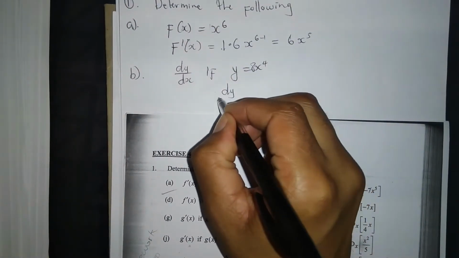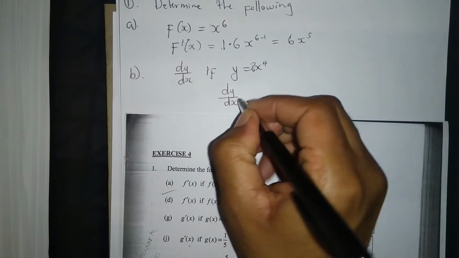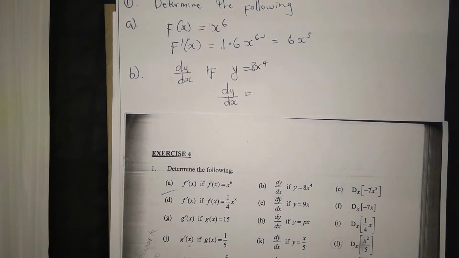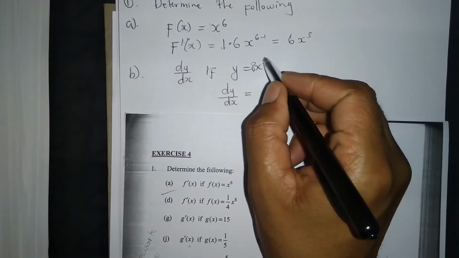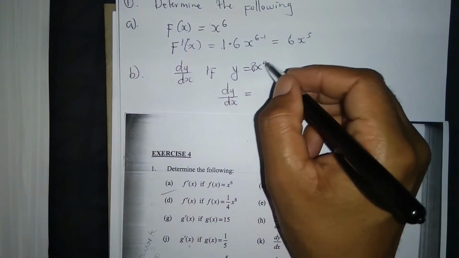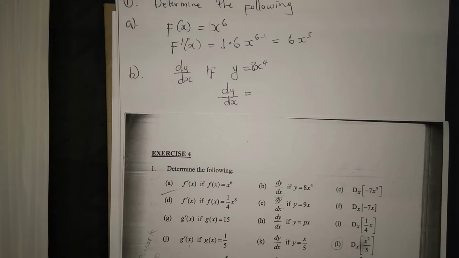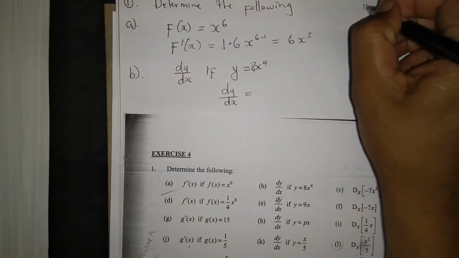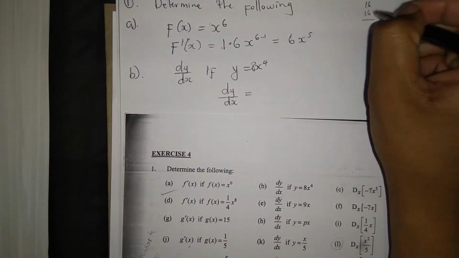Therefore dy over dx is equal to, this is rule number 1. So sithola i-derivative yethu, it's 8 times 4. What is 8 times 4?